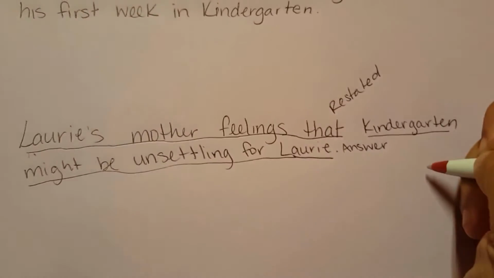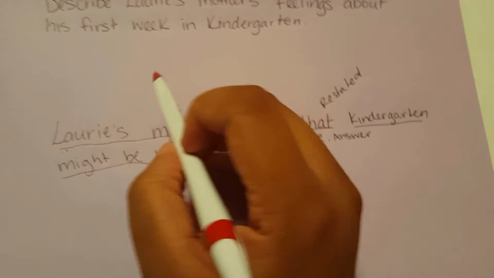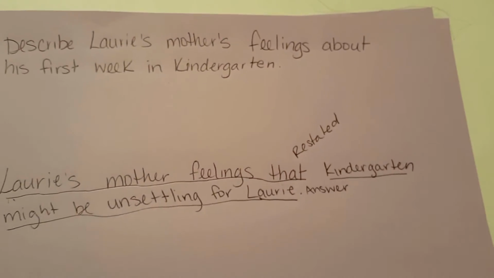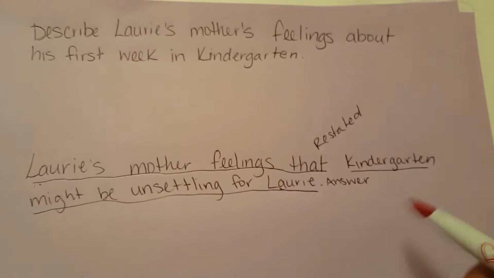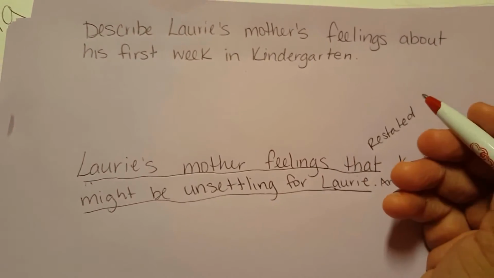So in order for us to cite evidence, we need something called a sentence starter. And we still have to use words from the original question, okay? So we're supposed to be describing Lori's mother's feelings about his first week in kindergarten. So in order for us to cite evidence, we need to restate again.